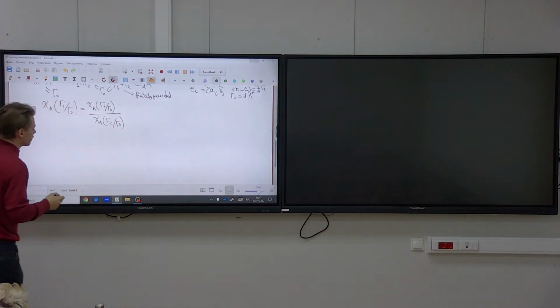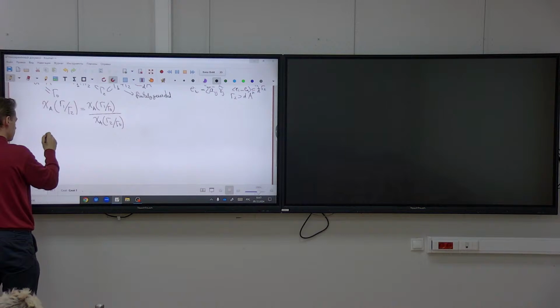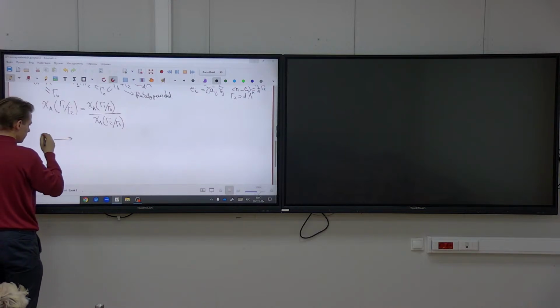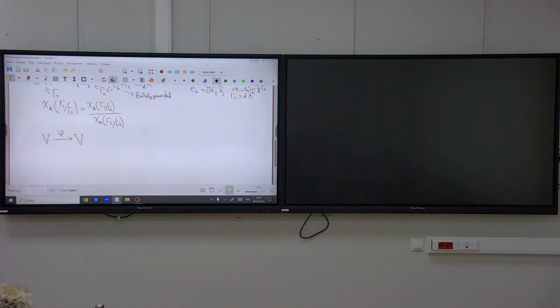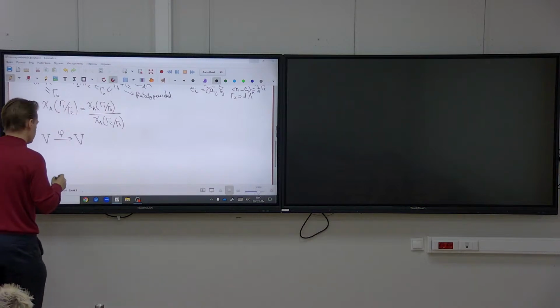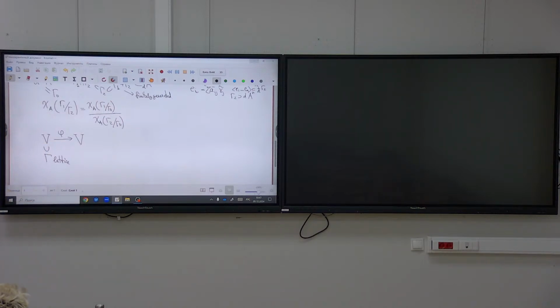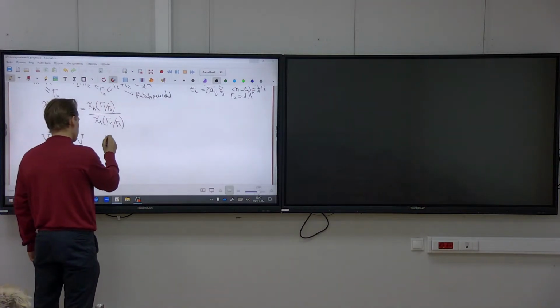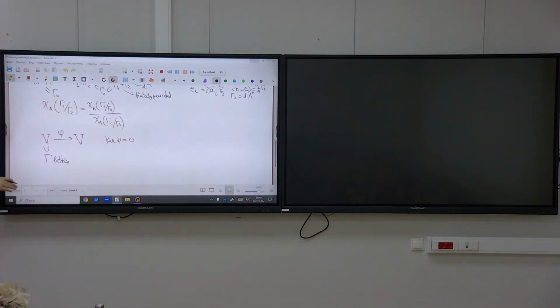So also you can do the following. If you have the vector space V, you can consider the map phi between the same vector spaces. And if you have gamma here, so this is a lattice. If phi is non-degenerate, I mean if the kernel of phi is equal to 0, if it is an isomorphism, then phi of gamma is also a lattice.